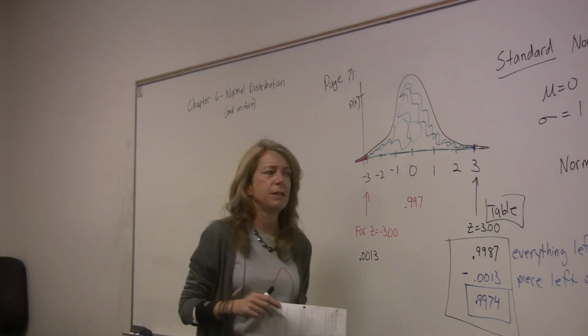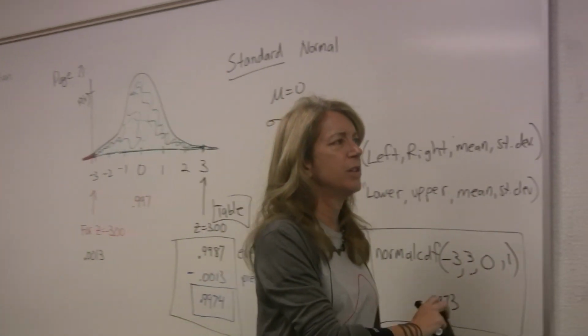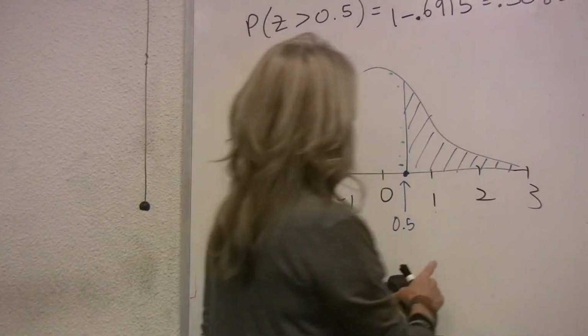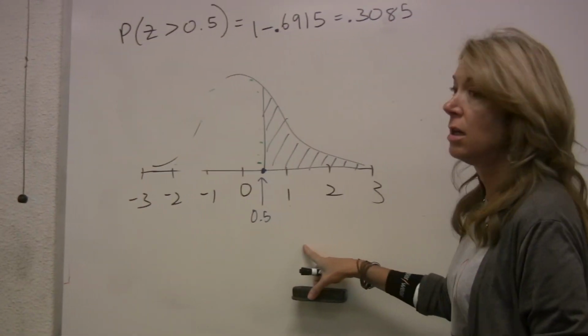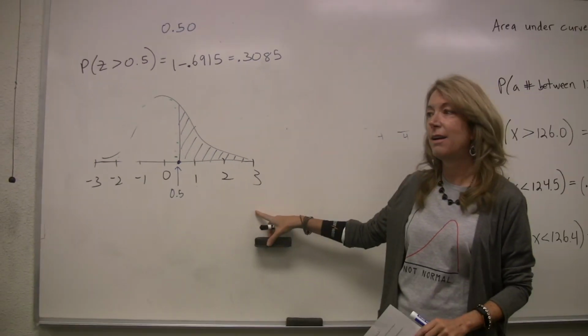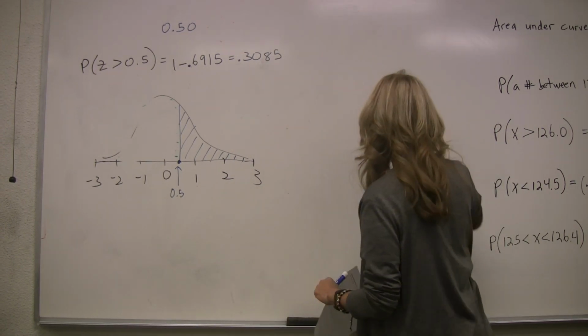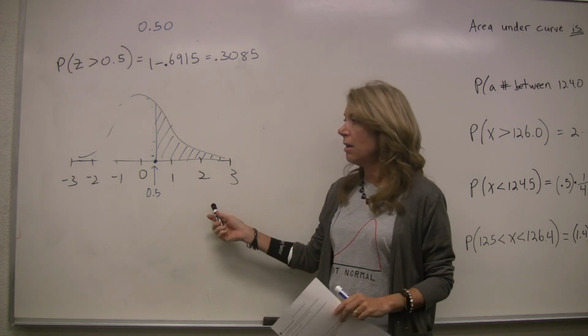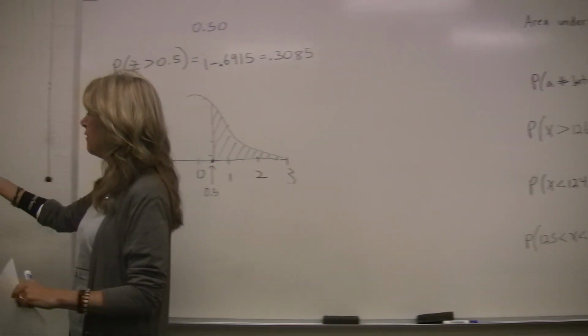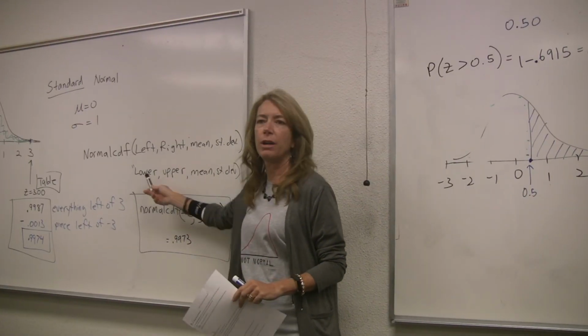Those were a little bit different than what we just did. Okay, can I do B first since my picture's right here? Normal CDF wants the left and the right, or the lower and the upper.